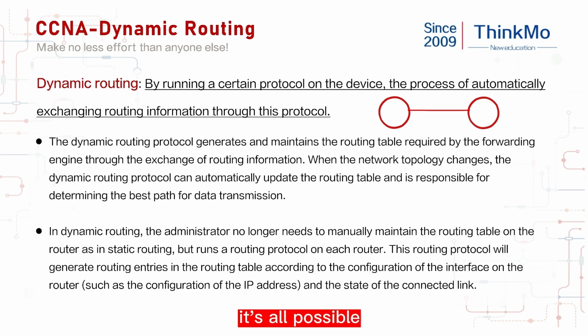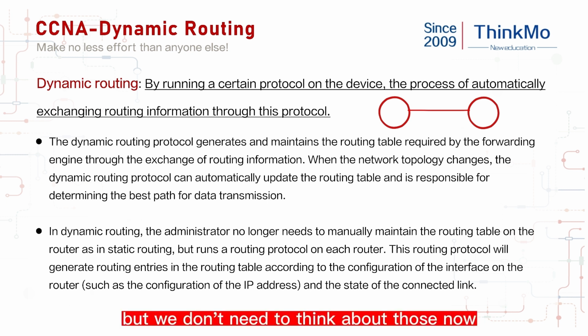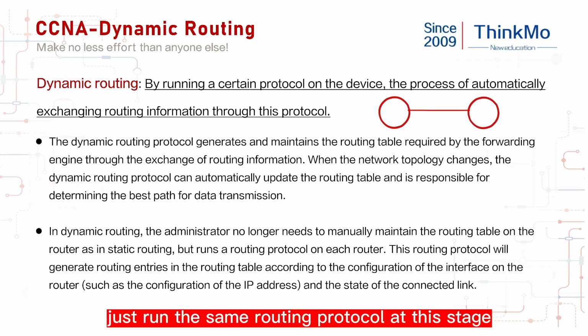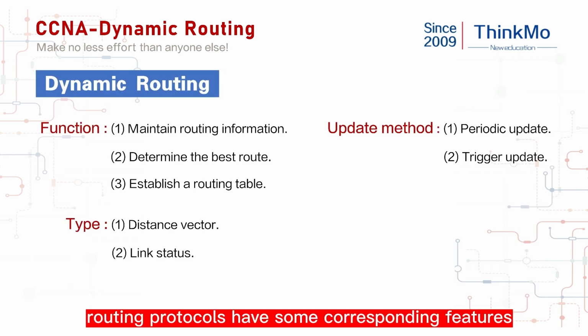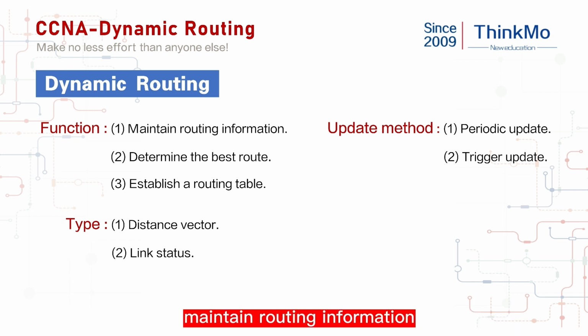It's all possible. But we don't need to think about those now, because those are related to network architecture issues. Just run the same routing protocol at this stage. Let's go on. Routing protocols have some corresponding features. Maintain routing information is just some updates and maintenance in the later period.